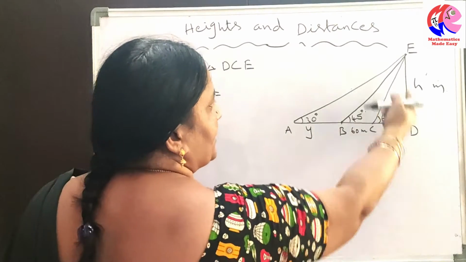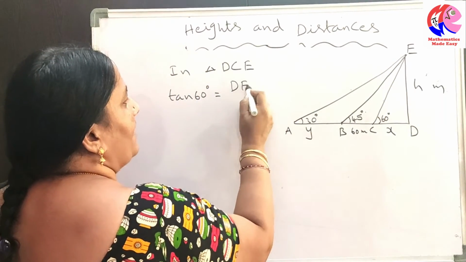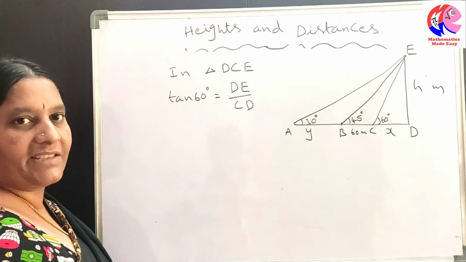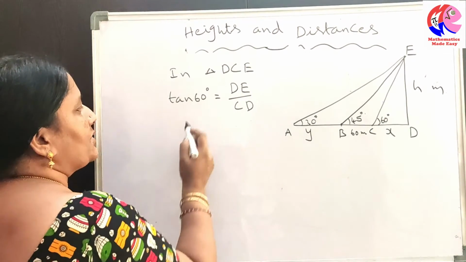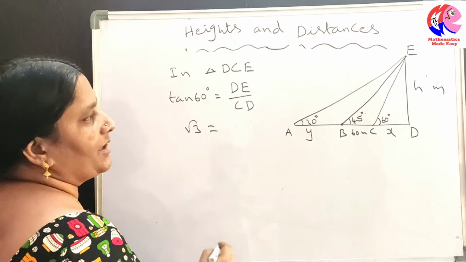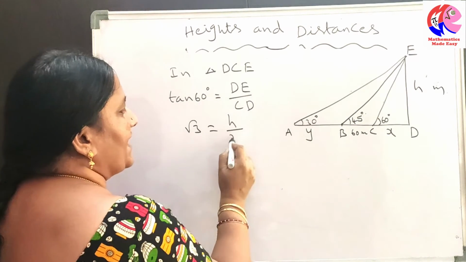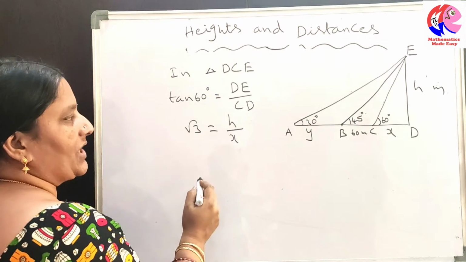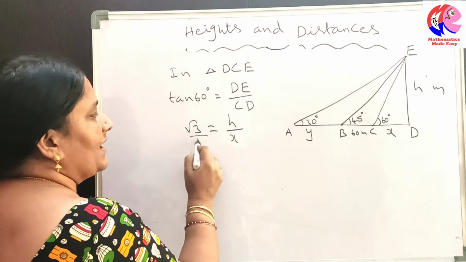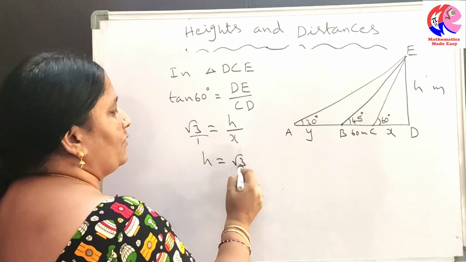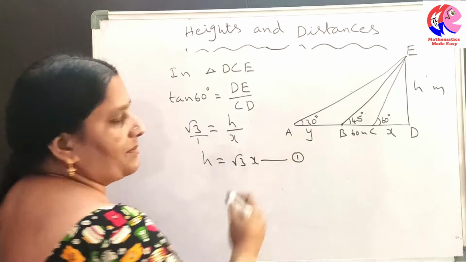So for 60 degrees, opposite side is DE by adjacent side CD. But we know that tan 60 value is root 3. So root 3 is equal to DE measure H by CD measure X. So from this, after cross multiplication, H equal to root 3 x. It is equation number 1.